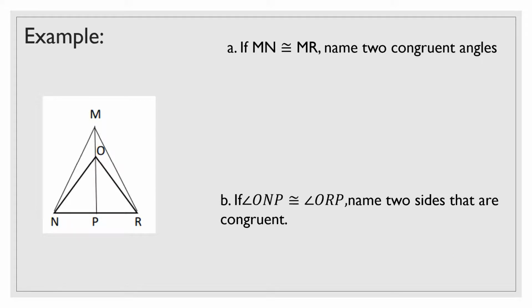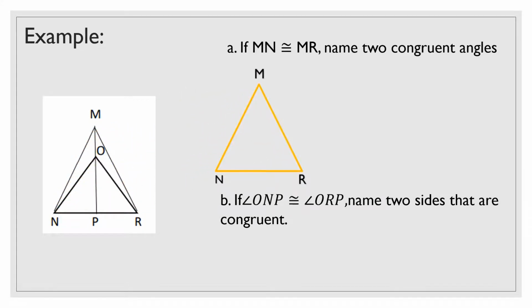Now, let us use those theorems to answer the following questions. First question, if MN is congruent to MR, so you are going to name two congruent angles. So, MN and MR ay makikita natin sa triangle MNR. So, ihiwalay lang natin yung ating triangle.